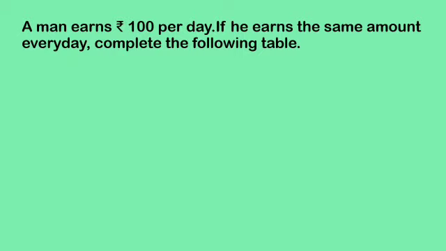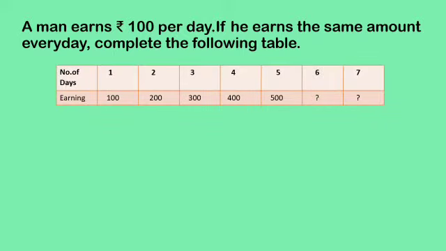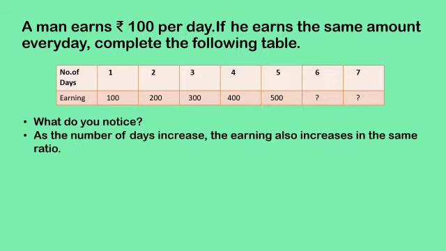A man earns rupees 100 per day. If he earns the same amount every day, complete the following table. What do you notice? As the number of days increase, the earning also increases in the same ratio.